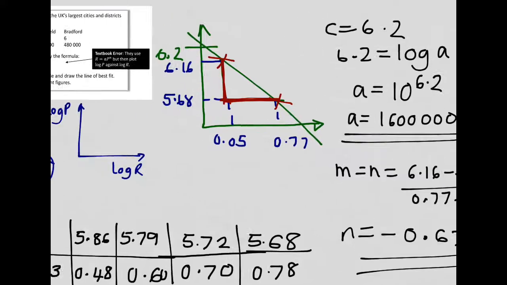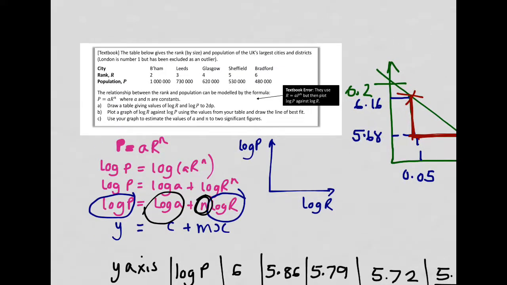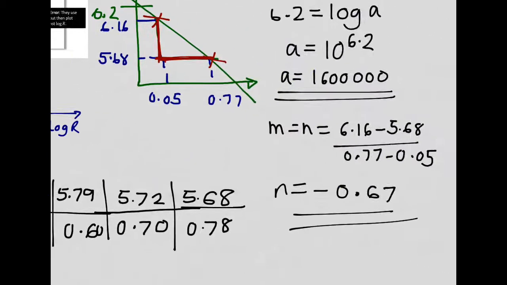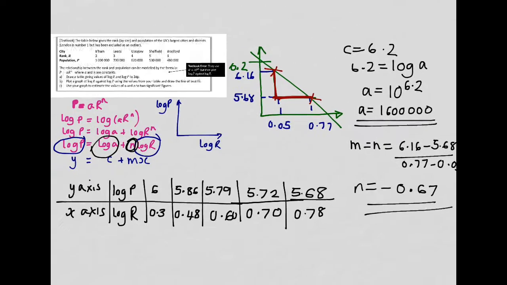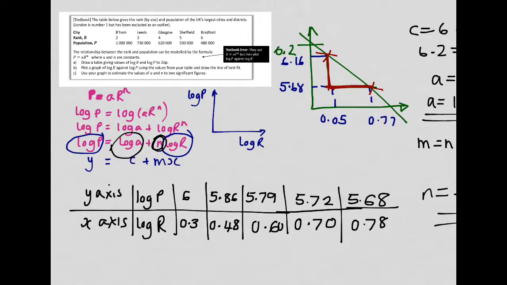Just want to check back if I got all of that correct. Use your graph to estimate the values of a and n to two significant figures. Yes, I have. So just a quick recap on that. First of all, take your expression, which is an exponential, take logs of both sides, rewrite it, and then compare it to y equals mx plus c, and understand what is going on the y-axis and what's going on the x-axis, and then it can help you to write those in there.